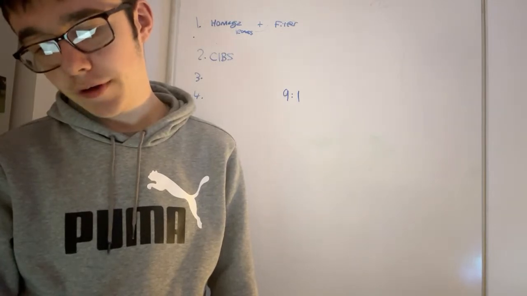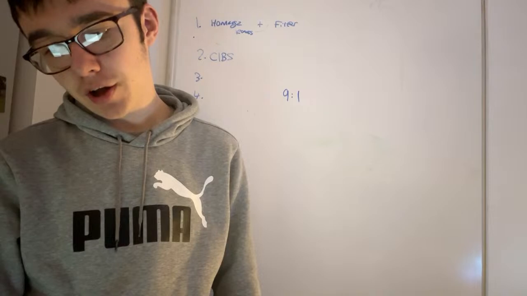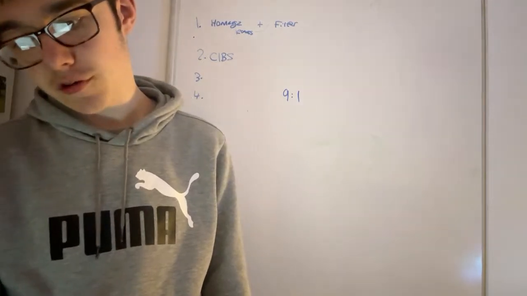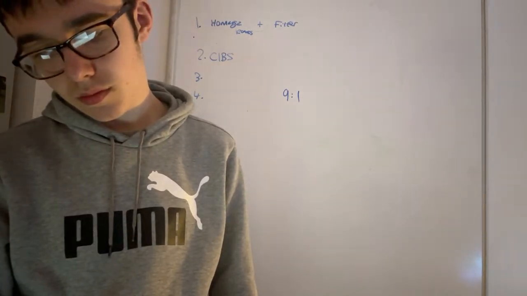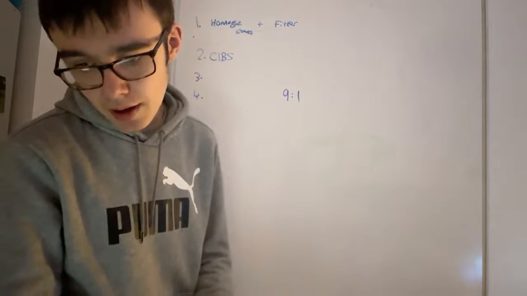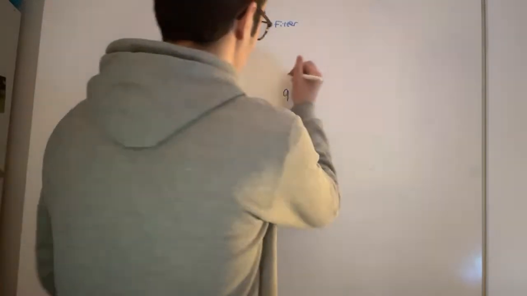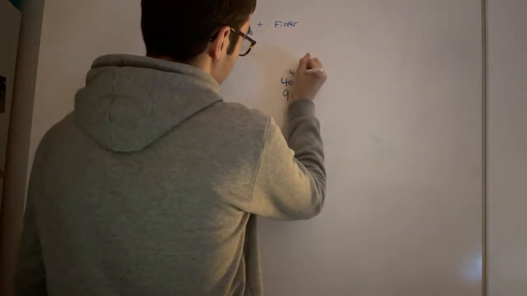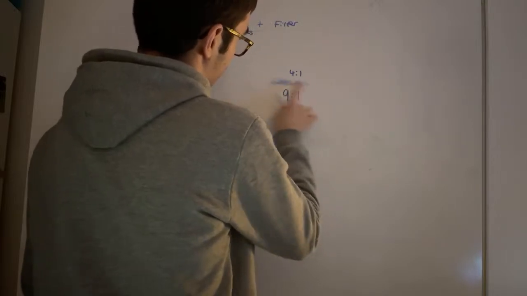Okay, if this is overly complicated: use the information to calculate the ratio of protein to chlorophyll in iron deficient plants. Okay. So if the mass in the control is 40 to 10, that's a 4 to 1 ratio, not a 9 to 1 ratio.